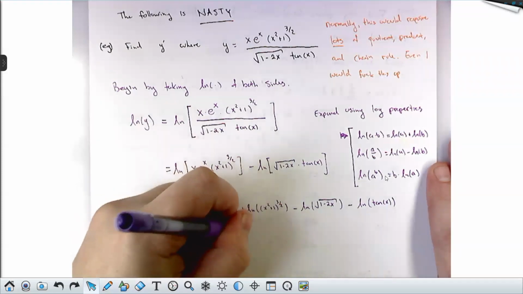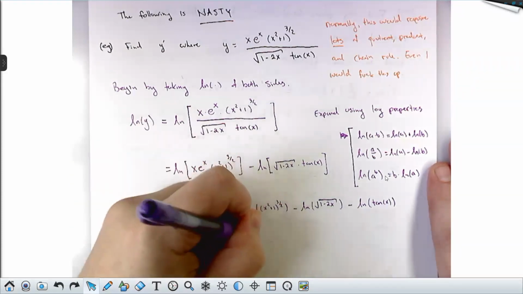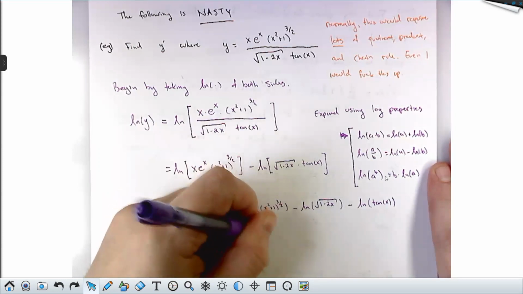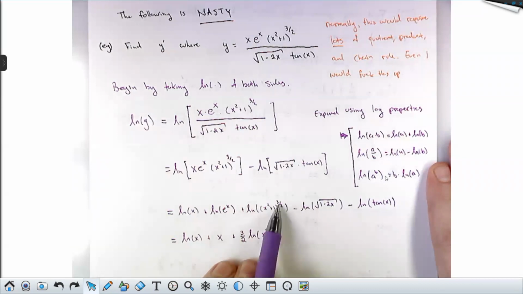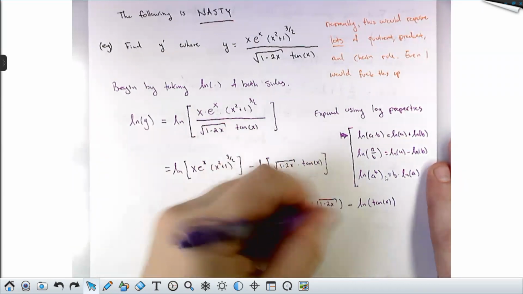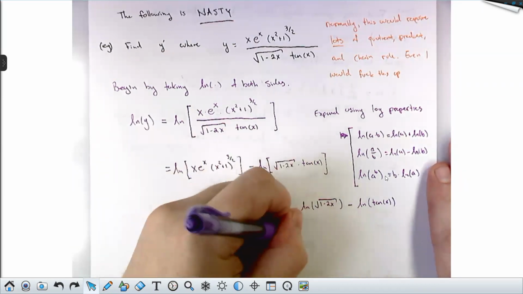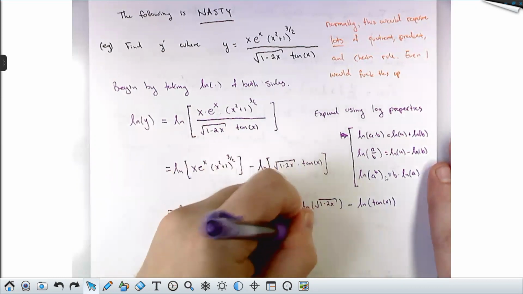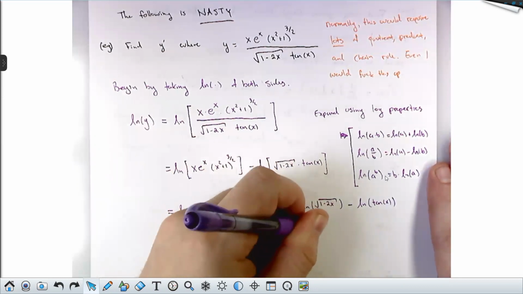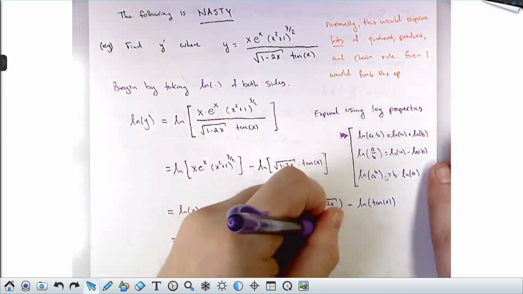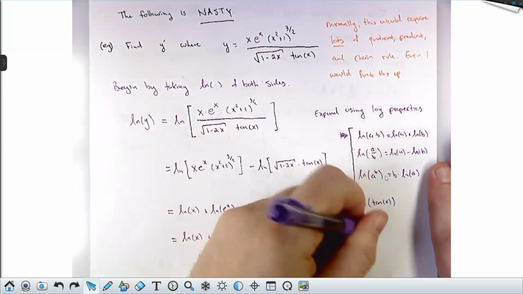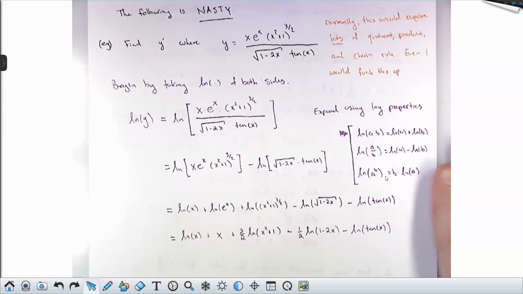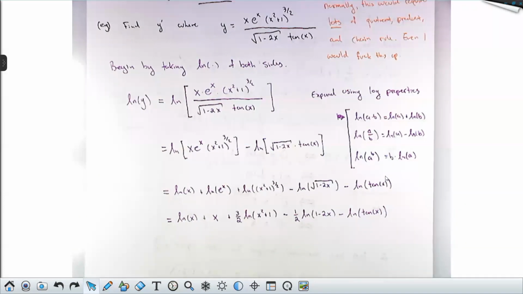The 3/2 power comes down as a multiple. The square root is also a power. It's a 1/2 power. So this is 1/2 times the ln of 1 minus 2x, and the natural log of tangent stays the same. Now I have expanded everything.